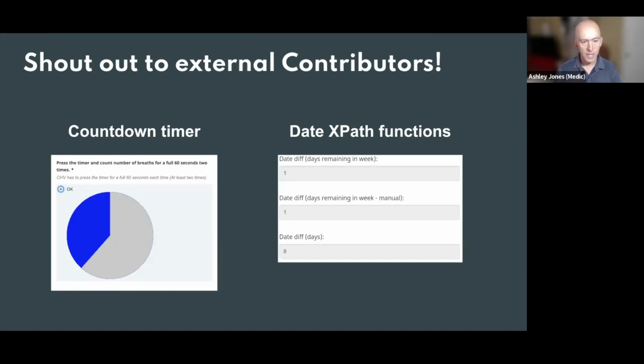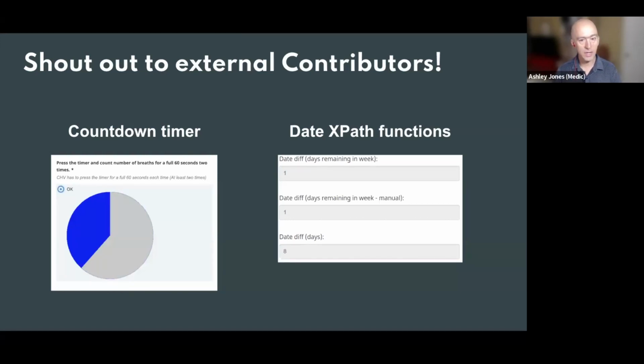A technical partner had a need to have the timer be required, and by working with Medic teammates internally, they were able to get this feature merged into CHT Core. Now it's available upstream as an open source project, and everyone else can use it. This is a great way to have new features come into CHT Core, and we're really excited that we have someone who wanted to add this and work with us to help improve the software.